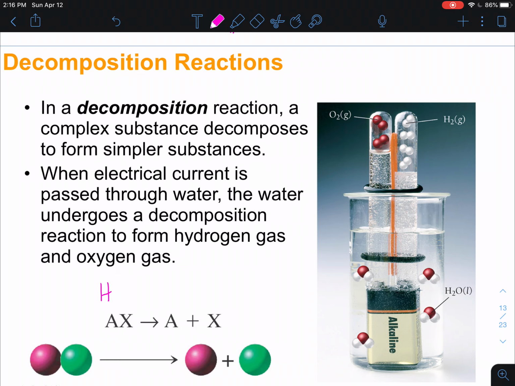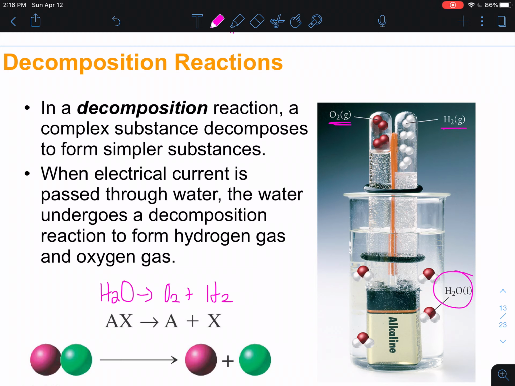Decomposition reactions are very similar. In this example, we have water undergoing electrolysis. So you have liquid H2O that undergoes a decomposition to form O2 and hydrogen gas.